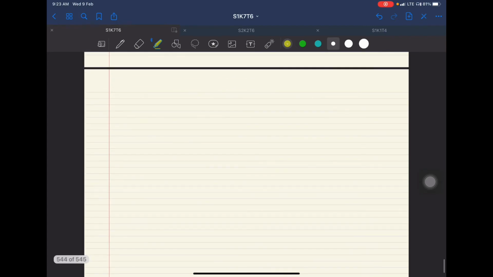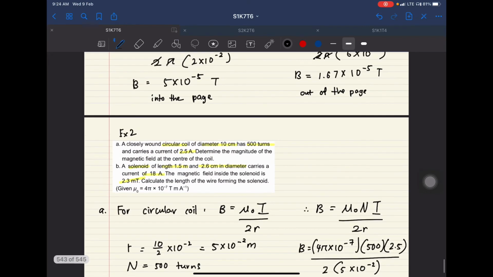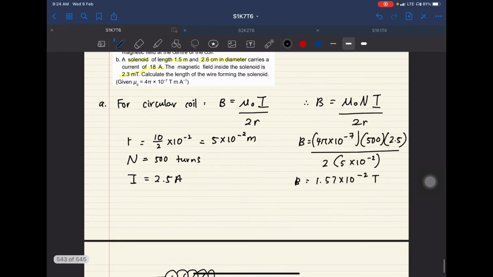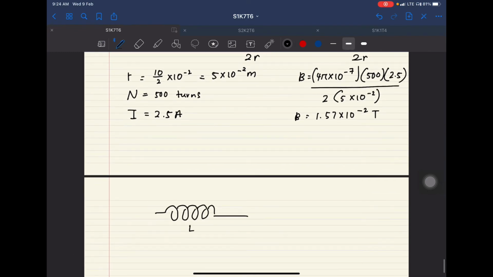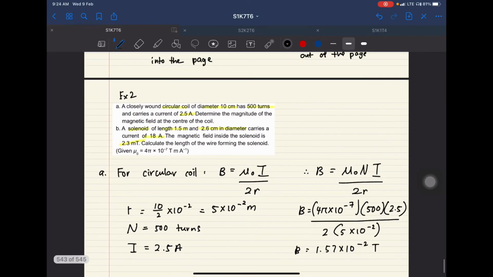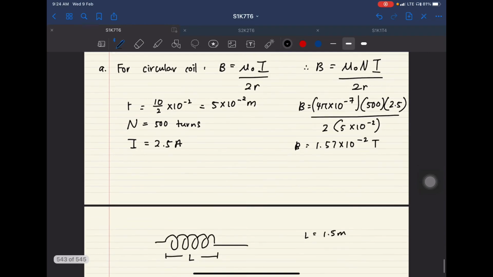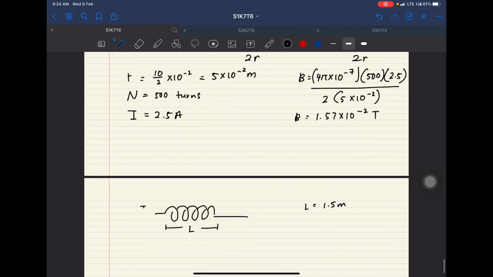Okay, so maybe I can try to redraw the solenoid first. Okay, roughly it's like this. So it does not represent the actual number of turns. I just draw it like that. So it says here the length is 1.5 meter. And then 2.6 centimeter in diameter. So that means my radius R is half of the diameter.